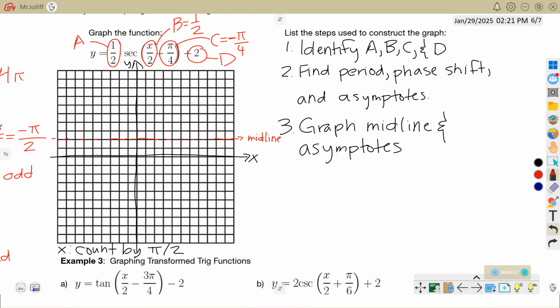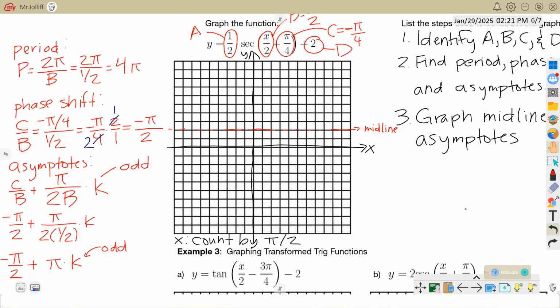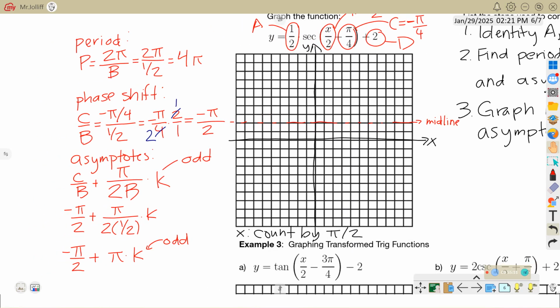That's the center of my shape. That cuts the graph in half. And then I need to figure out where my asymptotes are. So I'm going to shift back this way. Our asymptotes are negative pi over 2 plus odd multiples of pi.